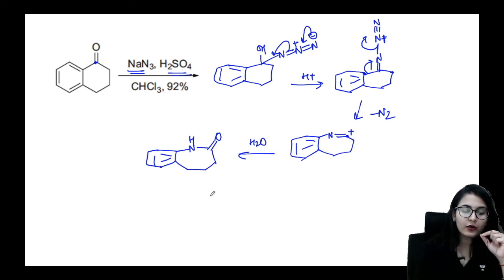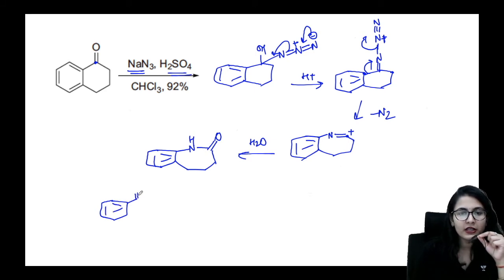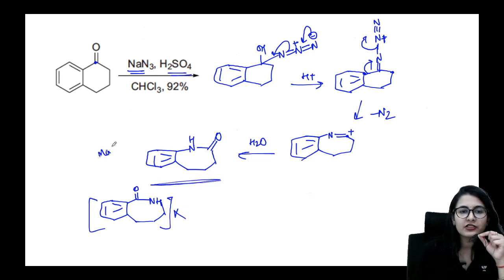So you might be asked this question and you might be given four options, which is your major product and which is minor, and let's say you are having both in some quantity. You're not going to fall for it. This is not going to be your product because it forms when the less substituted carbon migrates. You don't want that, so this is absolutely not your product. This is going to be the major product.